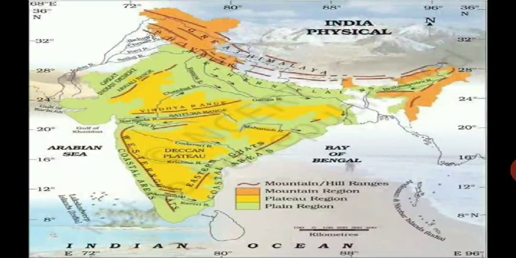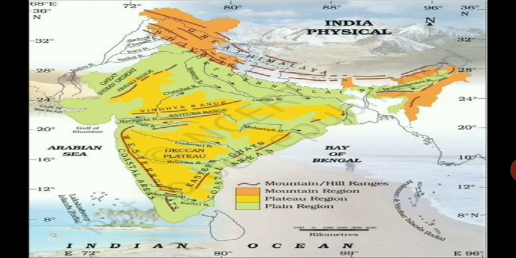Okay, so in this way you can locate the natural regions on the Indian physical map. These are the Great Indian Desert, the Great Himalayas in the mountain region, the Shivalik hills, then the plain regions, coastal areas, the Northern Plain in green, and the Ghat areas.